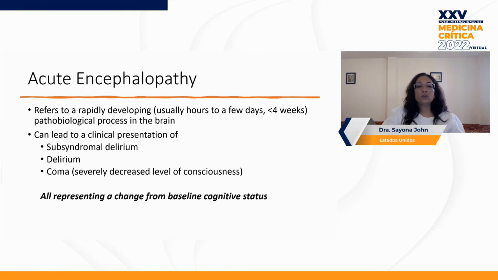So that's why the term now, in the DSM-5 criteria, which we're going to get into in just a second, said that acute encephalopathy is probably the better terminology under which delirium becomes a subtype, because all of these represent a change from baseline cognitive status.